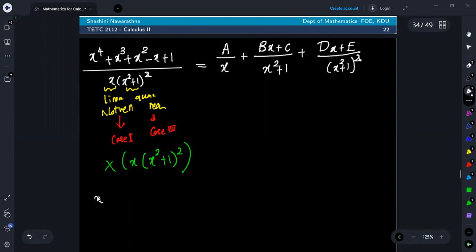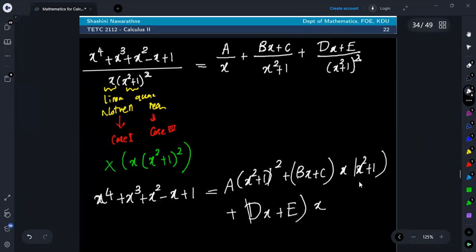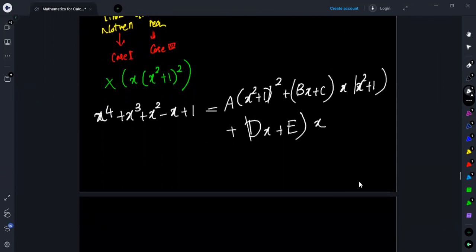And we can obtain x^4 + x^3 + x^2 - x + 1 equals A times (x^2 + 1)^2 plus (Bx + C) times (x^2 + 1) times x, plus (Dx + E) times x.